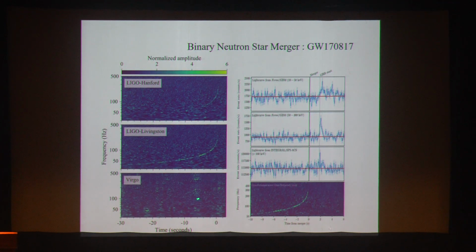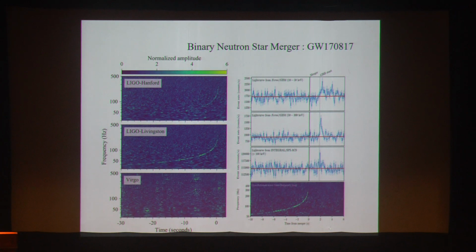In Virgo there is no signal here, but you can see the signal quite clearly in the last few orbits, as the neutron stars go around each other and their frequency is slowly increasing, and at the merger point it goes off the scale. Here you can see the last few orbits.